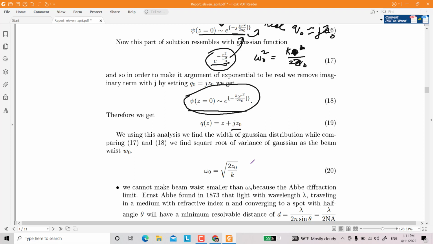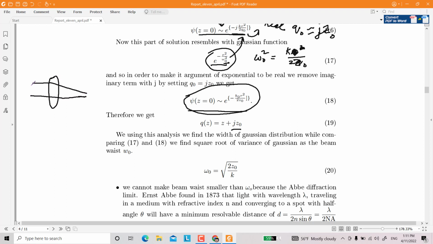Like if you have a plane wave, crudely speaking, let's say from some sort of laser, and you pass that laser into an optical element, such as a convex lens, then the convex lens is going to converge that beam up to a certain minimum beam waist.